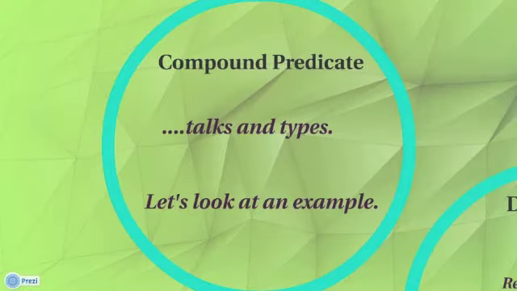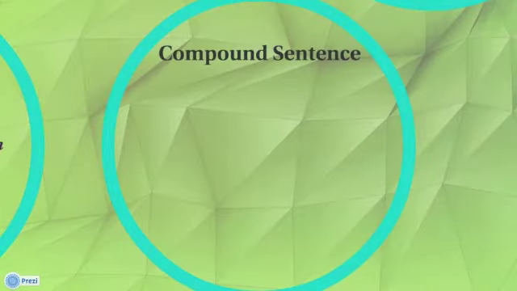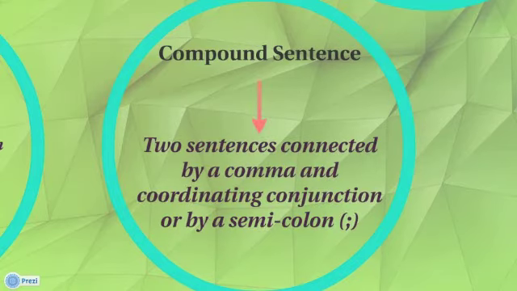Now that you understand the concept of compound subjects and compound predicates, let's talk about compound sentences. A compound sentence is actually two sentences, but the two sentences are connected by a comma and a coordinating conjunction, or by a semicolon.